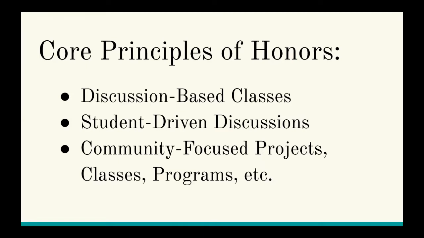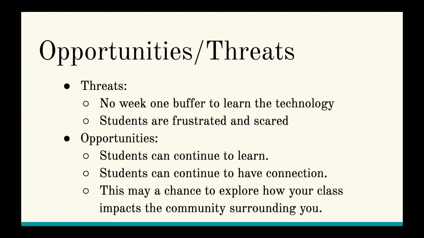But when we're thinking about what actually makes honors, those core principles tend to be things like discussion-based classes, student-driven discussions, and community-focused projects, community-focused classes, community-focused programs. We want to build a sense of community among our students. And so we want to make sure that those core things are things that we're not sacrificing when we're taking honors classes to remote education.